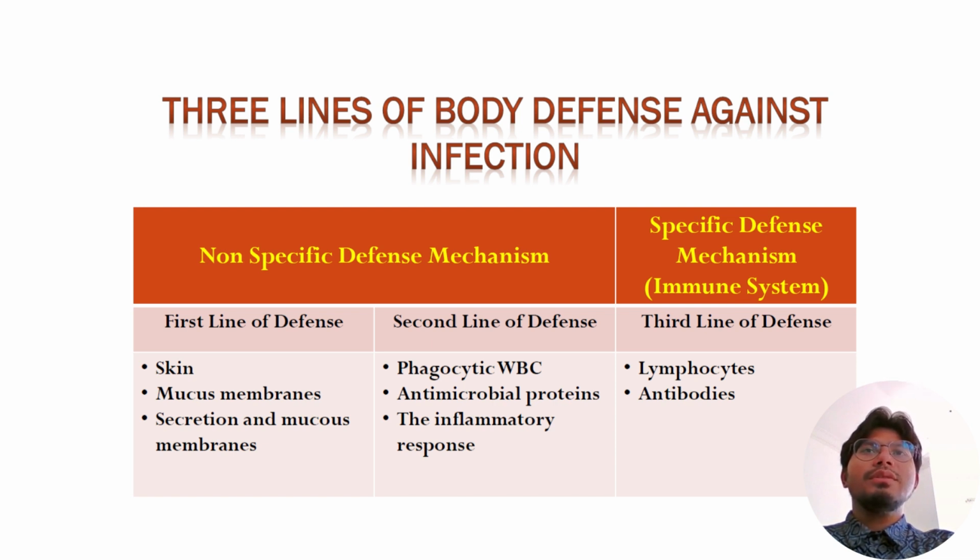Meaning to say, the first two lines are general protection, whereby they will kill or try to remove all the pathogens that try to invade the human body. If the first two lines fail to curb or remove or kill the pathogen, then the specific immune system will be activated. That is through lymphocyte cells and also antibody response.